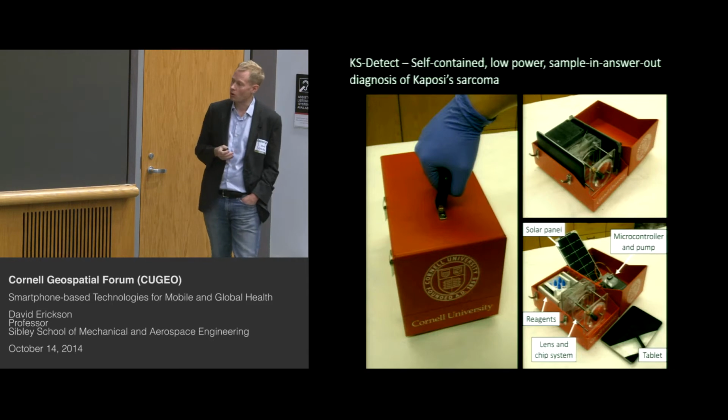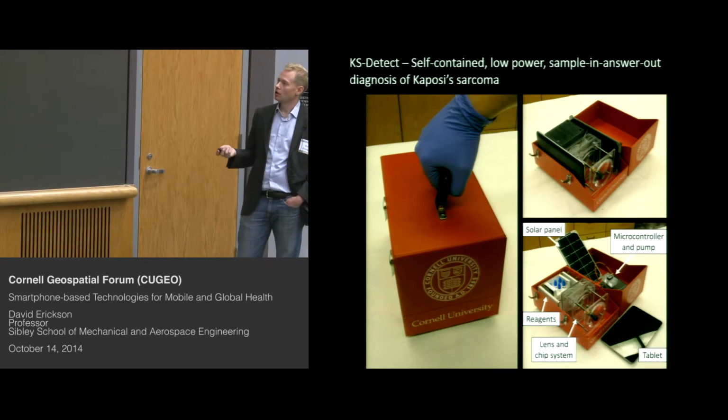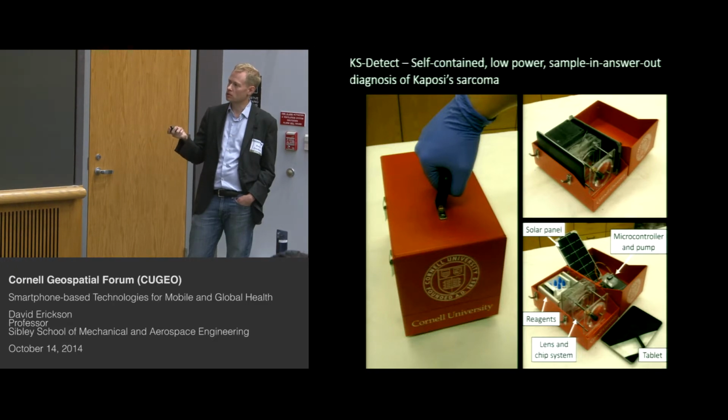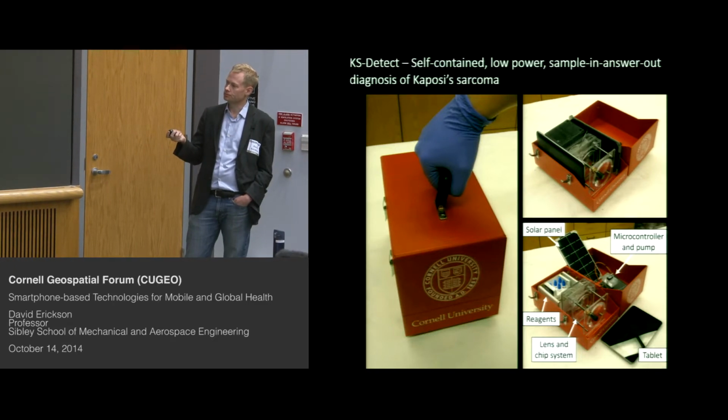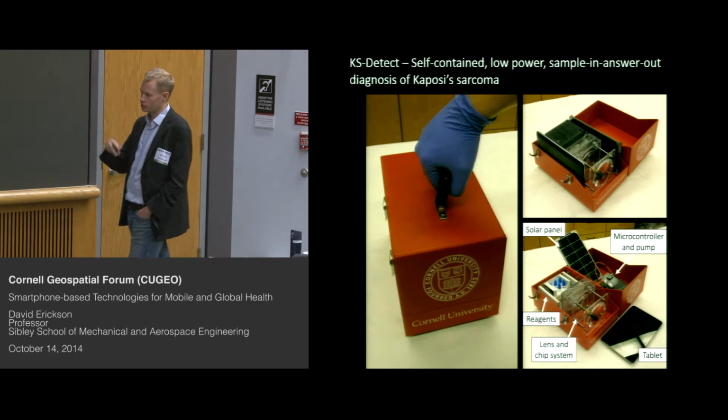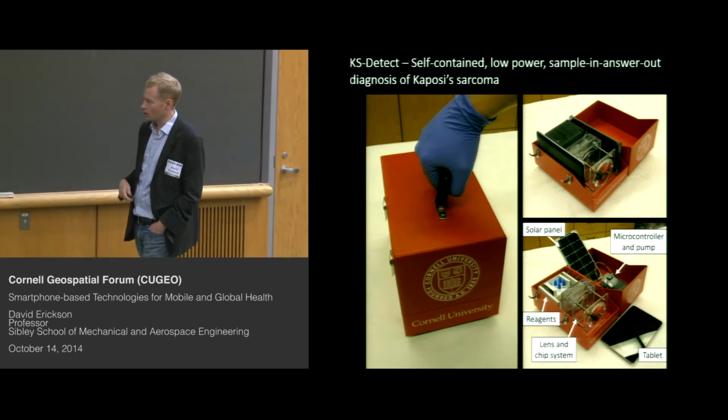I must have grabbed the wrong one this morning because it's only about half here. But you can see the full system here. It basically is a contained kit like this that's solar powered, so it uses a little bit of solar panel to run a pump, and then a lens type system to heat up a chip to do a PCR. It looks for a genetic signature of the cancer, or of the virus, I should say.